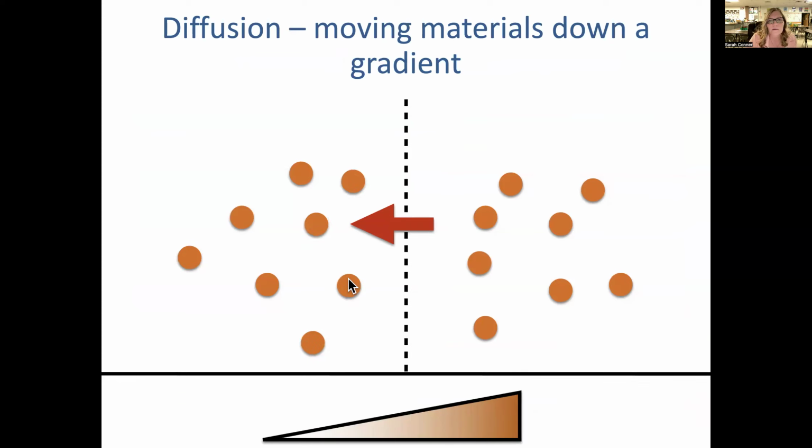Once everything has moved to where it hits equalness, it's called equilibrium. Then we have a net zero movement, which means it's still moving, but the movement from one end to the other is basically zero, because what's coming to this side and what's going to that side is equal at the same time.